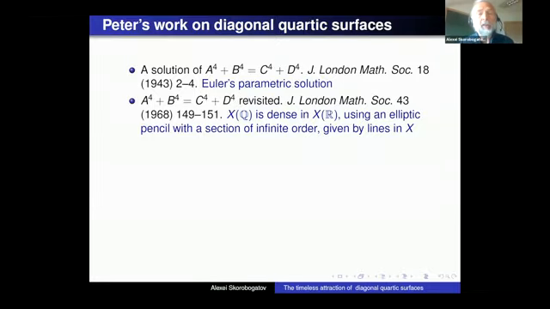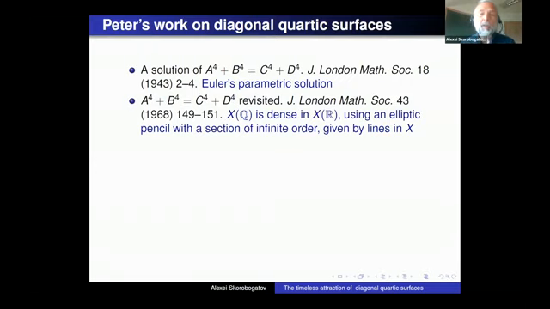If you take this line and you consider planes through this line, then the residual intersection, so intersecting a plane through this line with your quartic, will be this line, of course, plus a cubic curve. So in this way, you get a pencil of curves of genus 1. That's the elliptic pencil I mentioned here. But this surface also contains other lines which are skew to the line we started with.